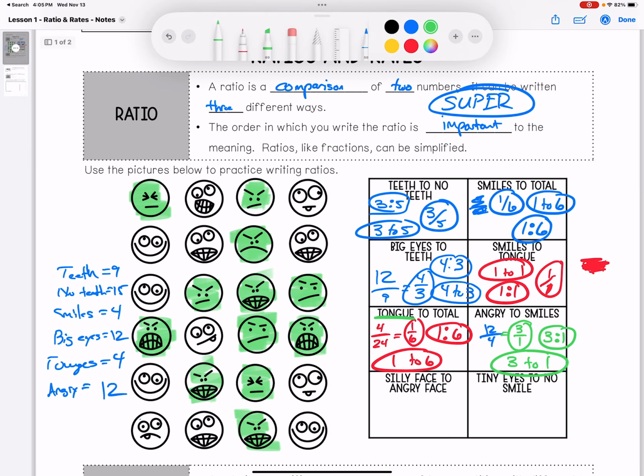Smiley faces to angry faces. Or smiley, silly face to angry face. So how many silly faces do we have? Because I don't have that one yet.